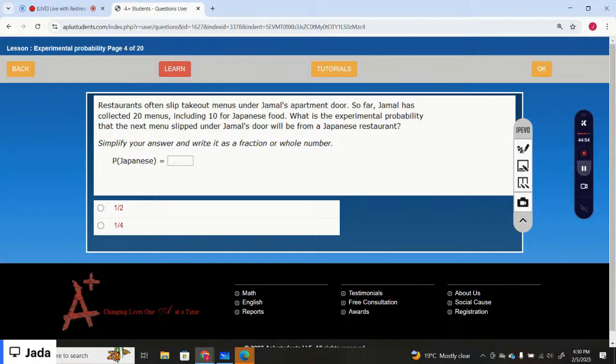The correct option is 10 over 20. That is 1 over 2 because we need to simplify the answer. So that is 1 by 2.